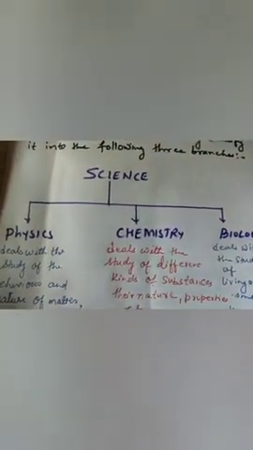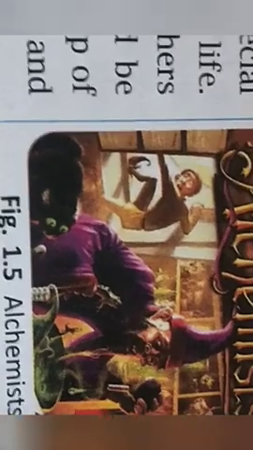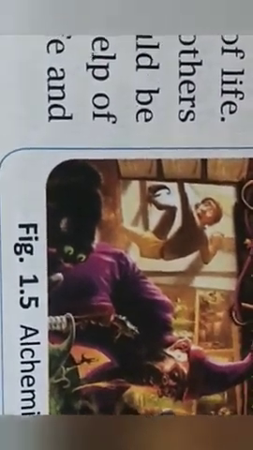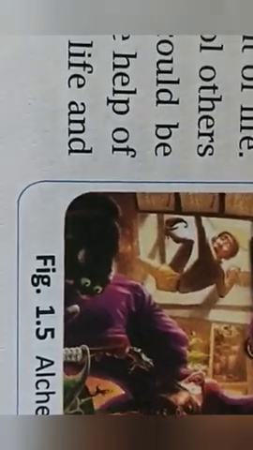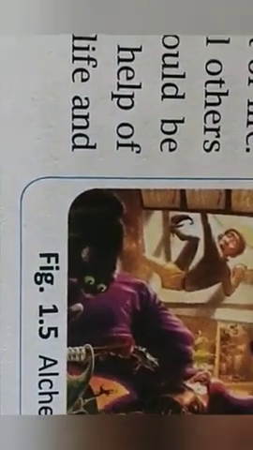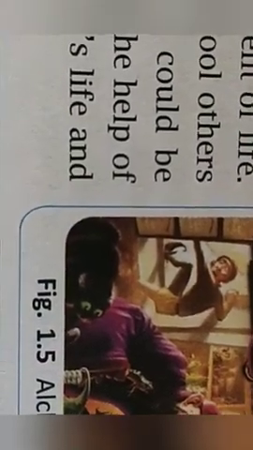We have learnt about the alchemists, and you know that alchemists tried to turn cheaper base metals like iron into gold, and they were also after the goal of achieving immortality.